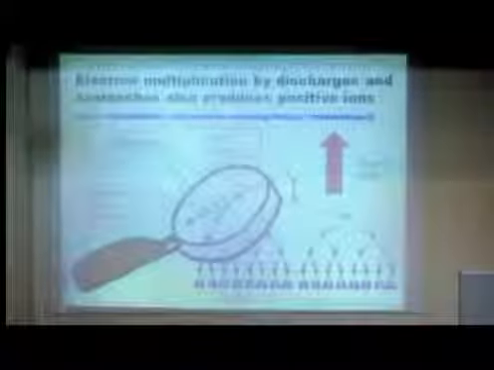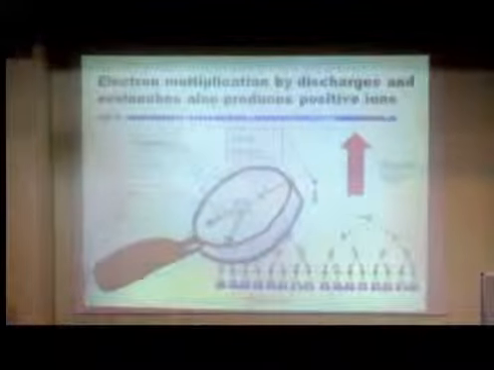So what effect would that have on an avalanche process? Well, in an avalanche process, we start off with an electron going at a fairly high speed. In the case of the electrical treeing, it's probably the result of that discharge inside the tubules.